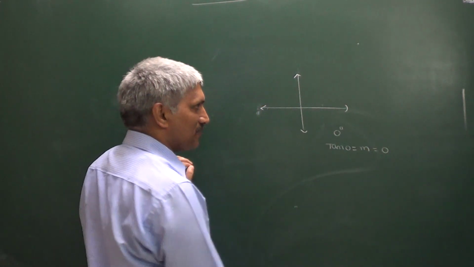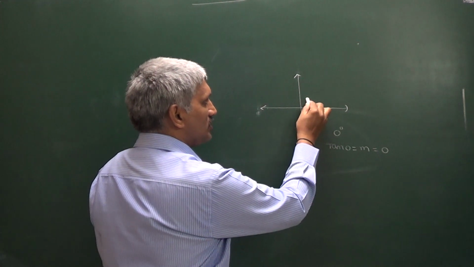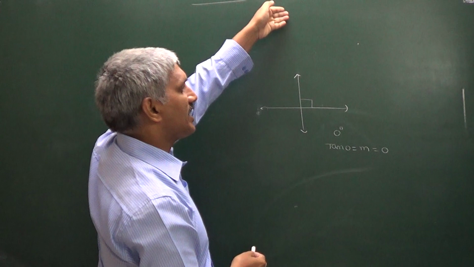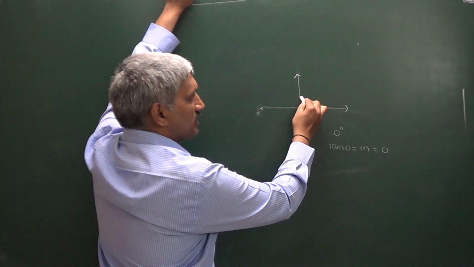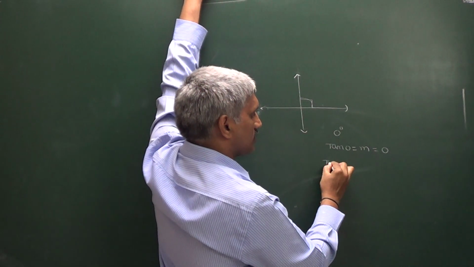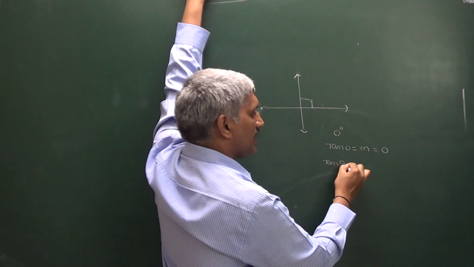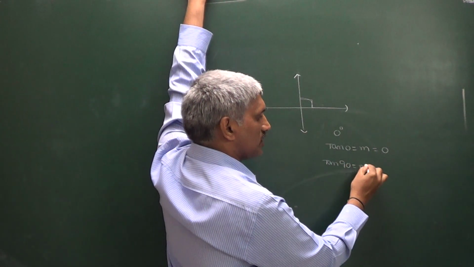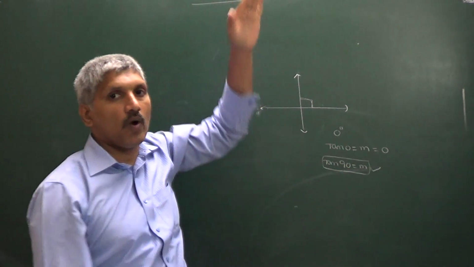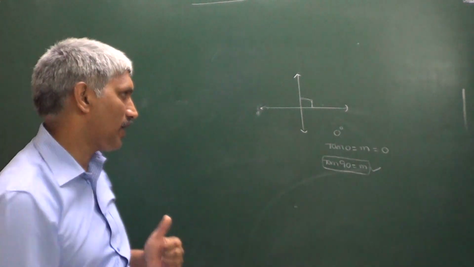At the same time, the y-axis slope is not defined, because the y-axis makes an angle of 90 degrees with the positive direction of the x-axis in the anti-clockwise sense. So tan 90 is the slope of the y-axis. You know, tan 90 is not defined. That's why the y-axis slope is not defined.